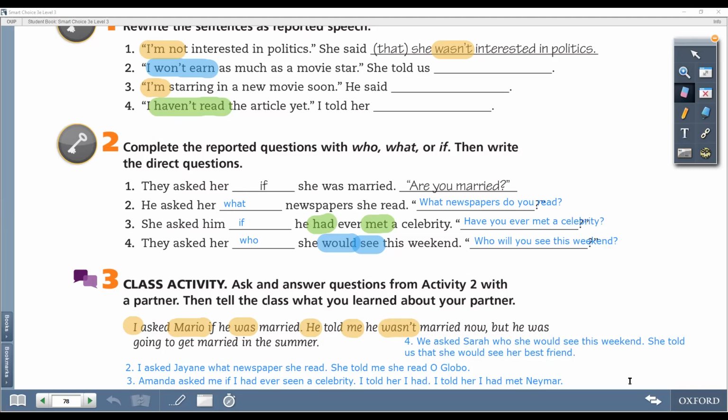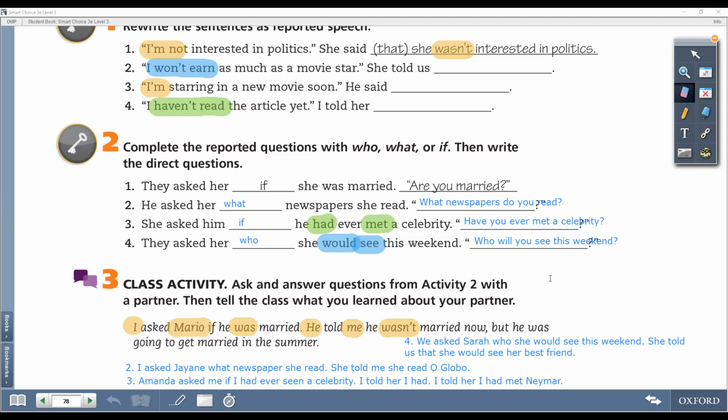Imagine we ask Sarah, Sarah, who will you see this weekend? And Sarah tells me, or everybody, oh, I will see my best friend. Okay. How can we report that? We are going to say, we asked Sarah who she would see this weekend. She told us that she would see her best friend.